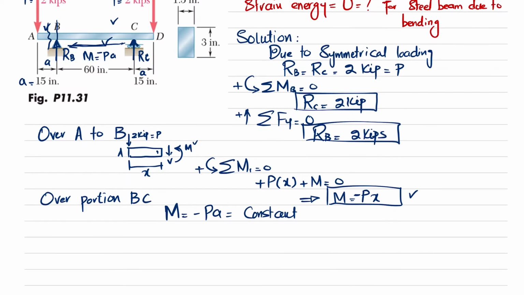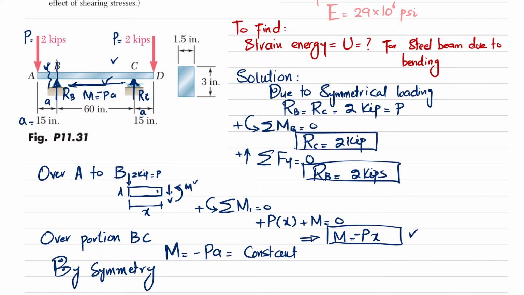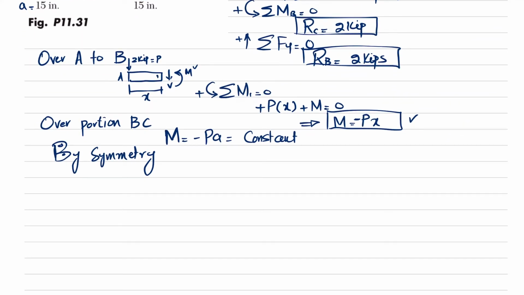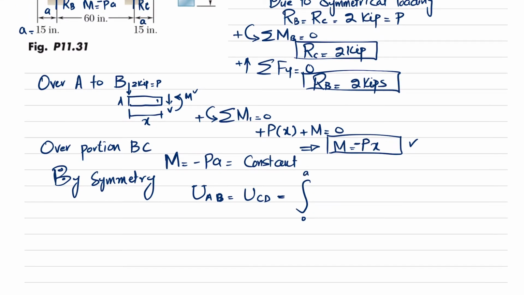Also by symmetry, if you look at the figure, you can see that due to symmetrical loading, UAB is equal to UCD because the loadings are the same. So UAB is equal to UCD, and that is equal to the integral of 0 to a of M square.